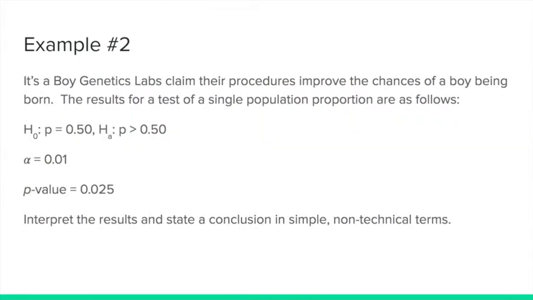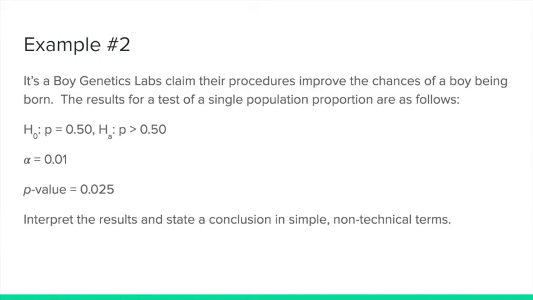Okay, for example number 2, a little less wordy than the last one, so hopefully if you're getting lost in all the words, this one will be better. Boy Genetics Labs claims that their procedures improve the chances of a boy being born. They run a sample and get some test data.